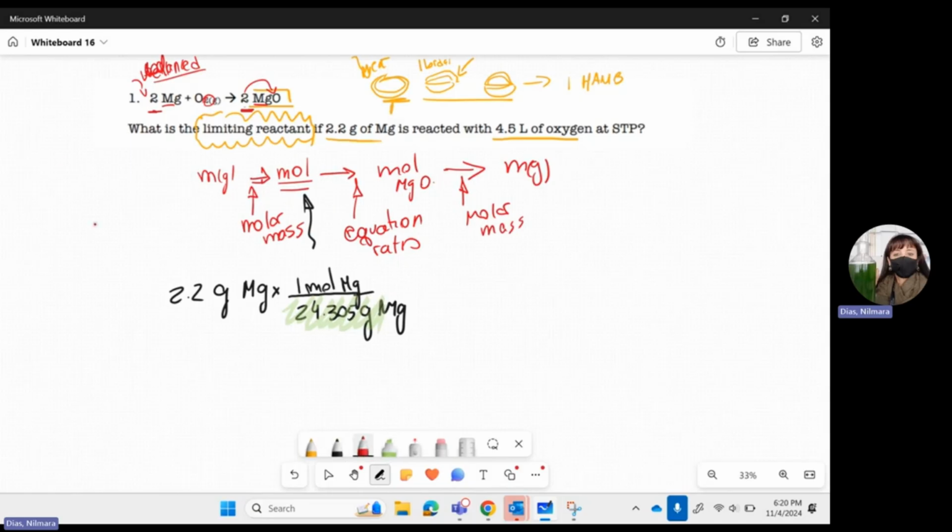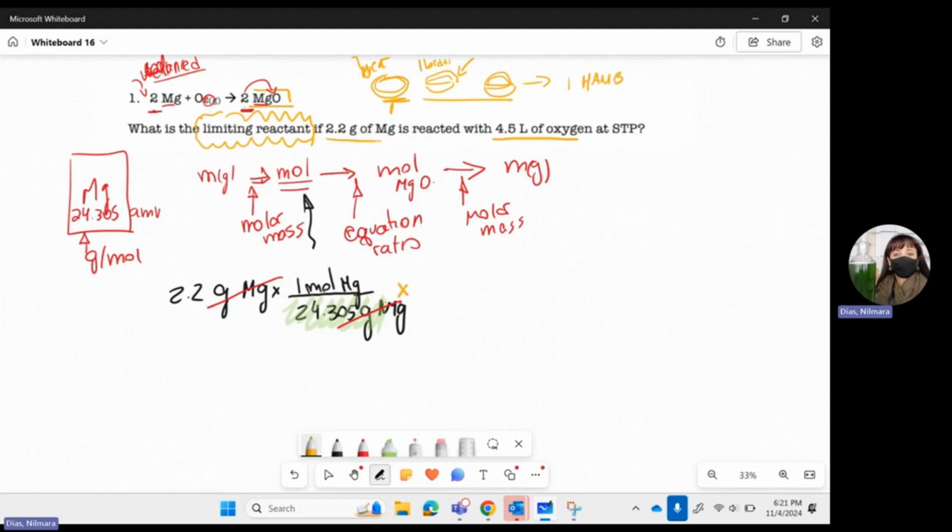That is the atomic mass that you're going to find there. You're going to see magnesium, and you're going to see the number over here. That is the atomic mass unit, so that is the molar mass, and it's grams per mole. Why am I putting grams over here? Because we're going to cancel this, okay?